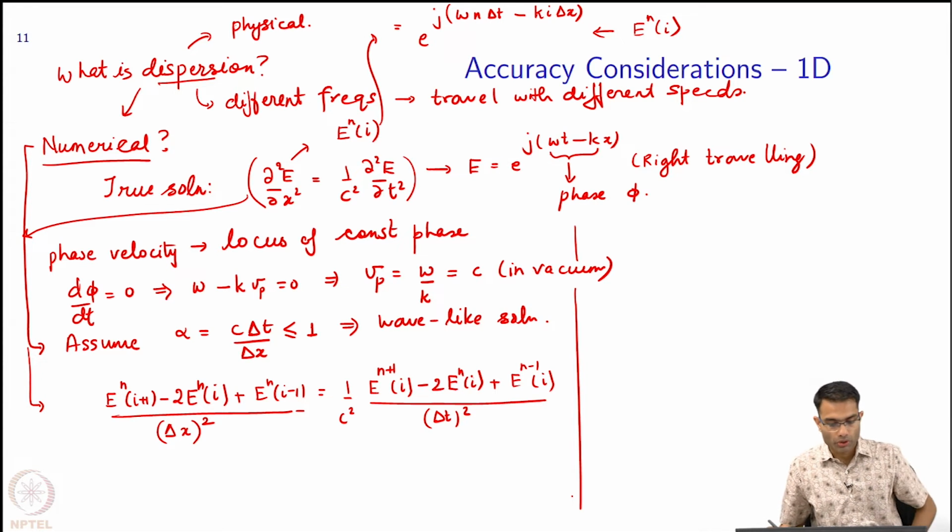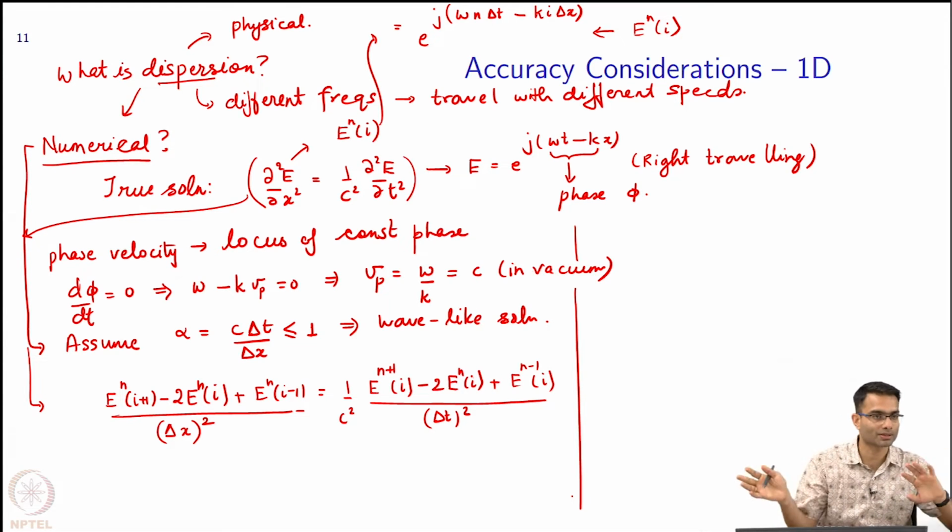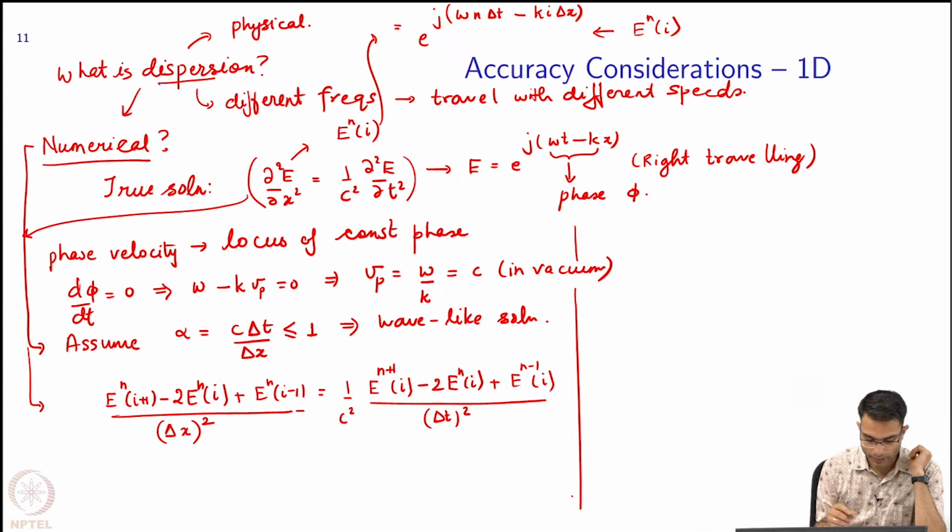Okay. So, before you do that, you can recognize something that will cancel off from both sides. What will that term be? E_i^n, I can take common from both the left hand side and right hand side, and the rest will be a plus or a minus exponential term correspondingly. So, once I do that, what will I be left with over here?